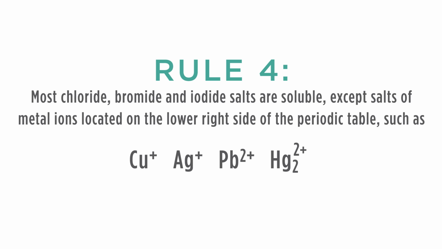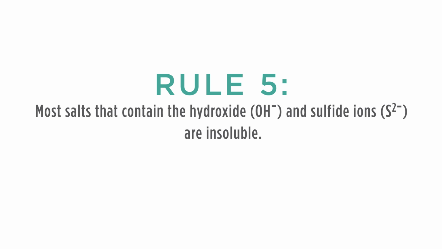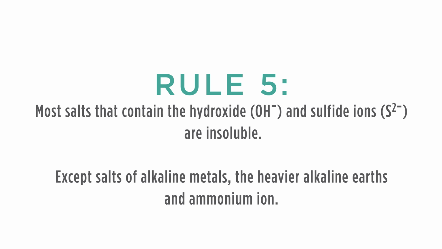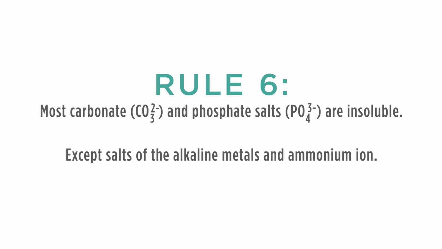The next 3 rules focus on insoluble products. Rule 5. Most salts that contain the hydroxide and sulfide ions are insoluble, except salts of alkali metals, the heavier alkaline earths, and the ammonium ion. Rule 6.